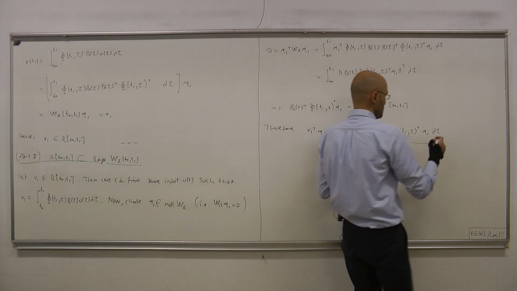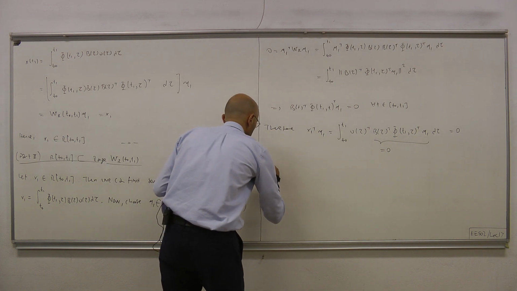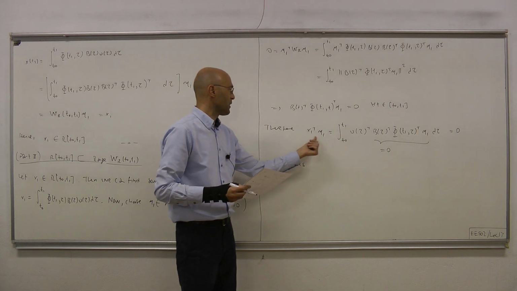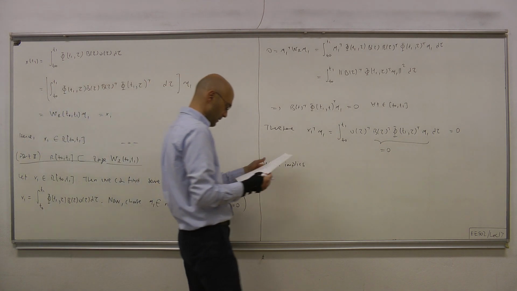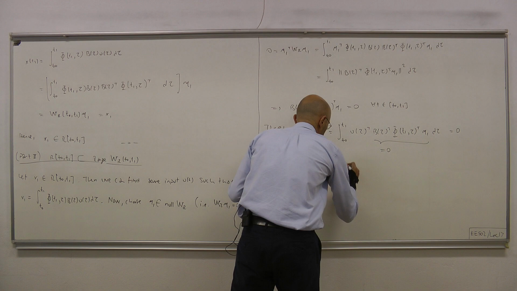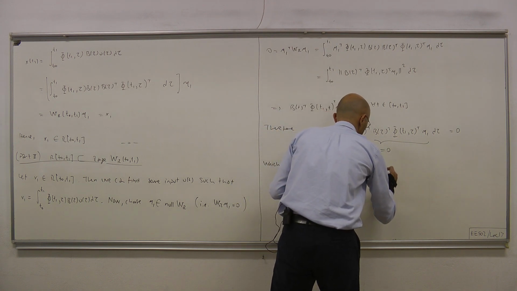Therefore that equals 0. Now, which implies that this vector and that vector are orthogonal to one another. x1 is orthogonal to eta 1.